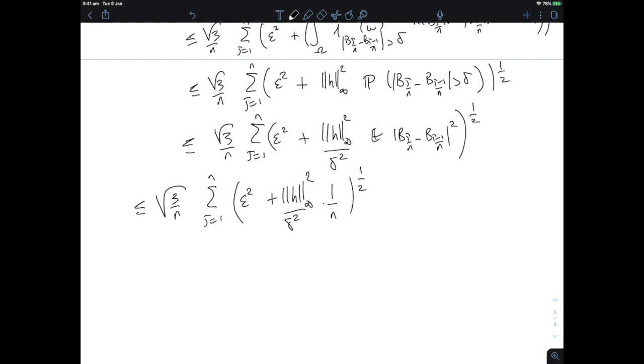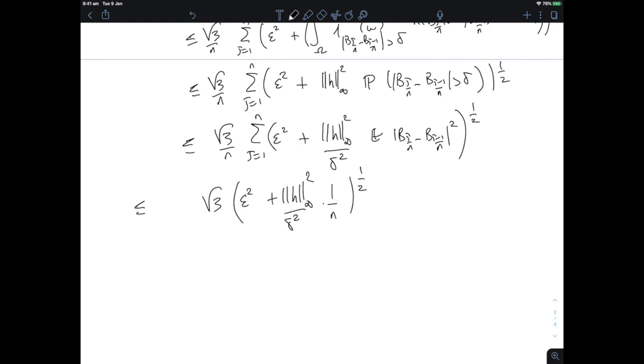Sorry, the square root doesn't go all the way to the bottom, of course, only on the square root of 3. That's extremely important to have a 1 upon n here. This quantity that I'm summing is independent of j, so I have n terms. I can get rid of this sum and get rid of this 1 upon n to control for the sum. So I've got square root of 3 times epsilon squared plus this quantity.